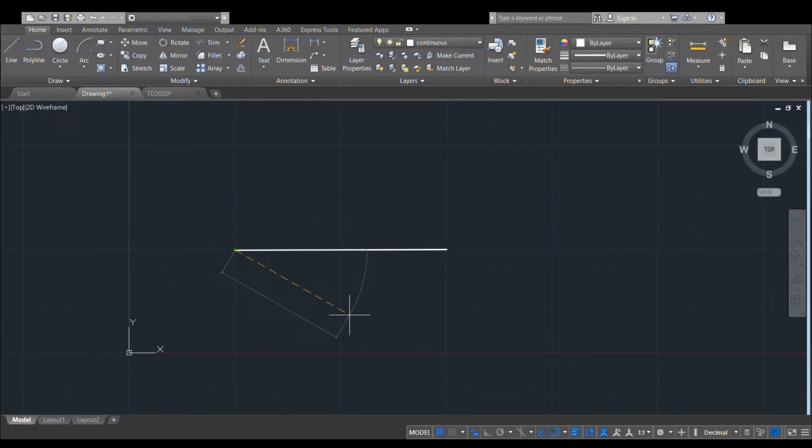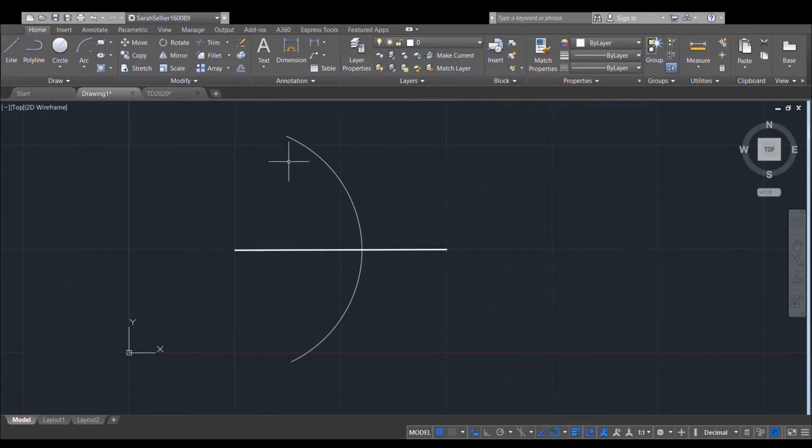So our line is 100 long. If you didn't know how long your line is, you could just say, well, this is probably more than half. We could use, let's say, 60 as our radius for our arc. Let me just change this to 0 here, and we're going to scribe an arc like so.